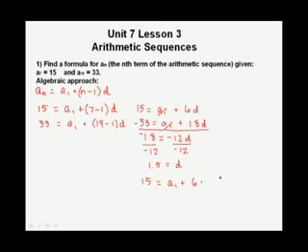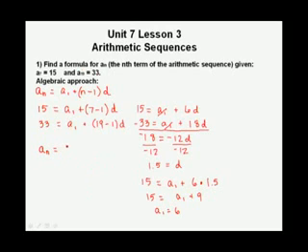Now I still need to find the first term, a sub 1. So I can take that 1.5 and plug it back in for d in either of these two equations. I could say, for instance, 15 is equal to a sub 1 plus 6 times the common difference, 1.5. 15 equals a sub 1 plus 9, and so a sub 1 is equal to 15 minus 9, which is 6.